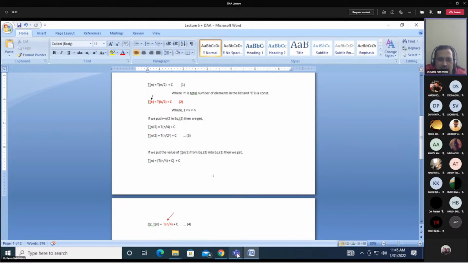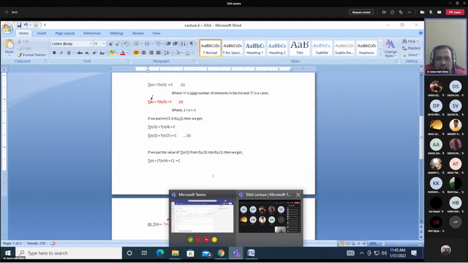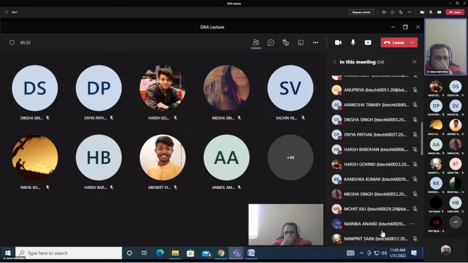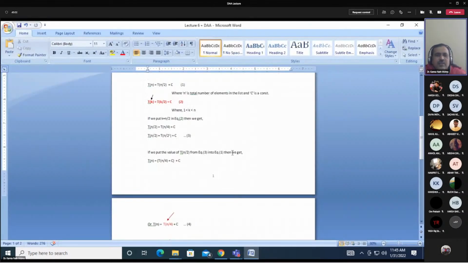So at 11:48, I will ask you the solution. In between, if you complete, then raise your hands. The screen is visible to everyone. If Tn equals 2Tn by 2 plus C, then what will be the order of Tn? This is my question. You solve it.